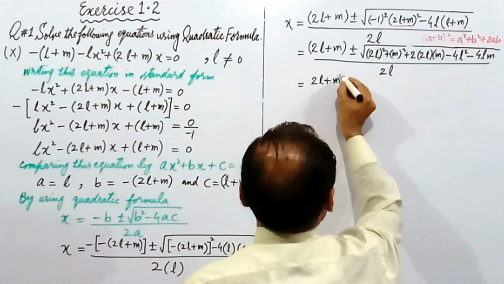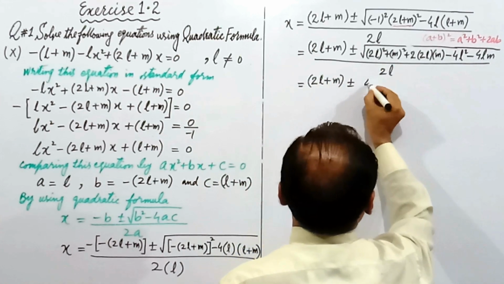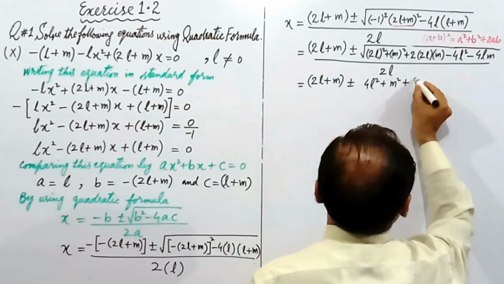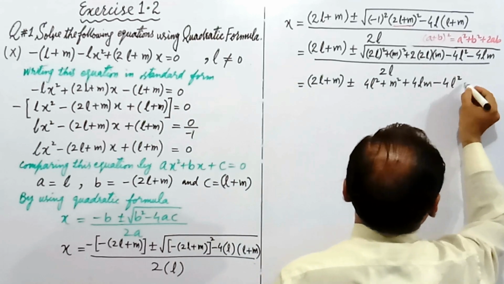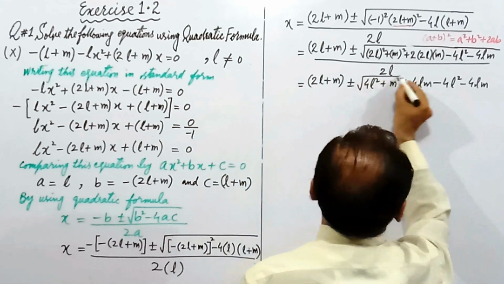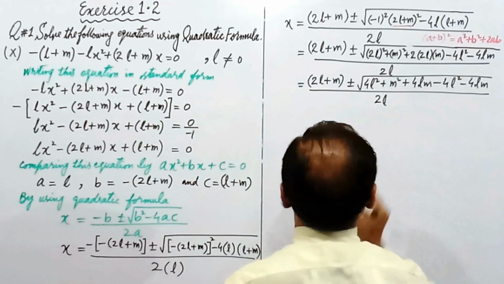2L plus m plus minus under root, 4L square plus m square plus 4Lm minus 4L square minus 4Lm, whole divided by 2L.